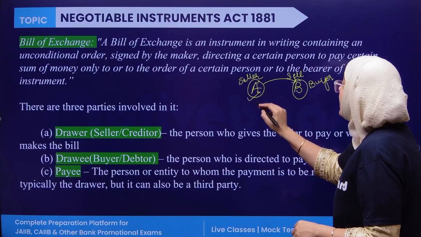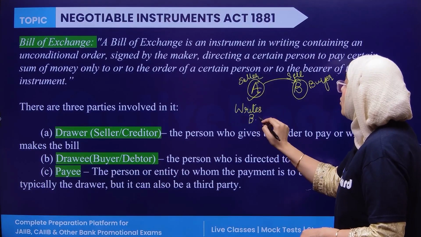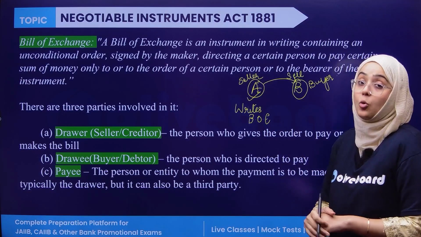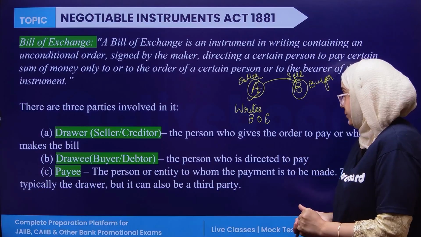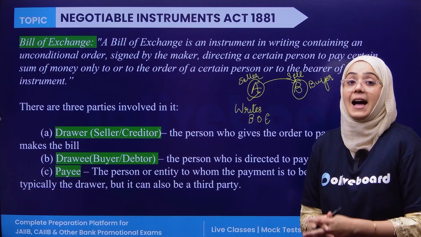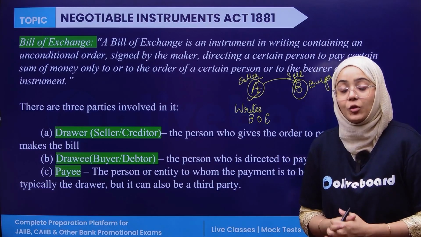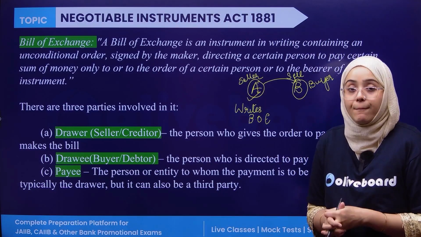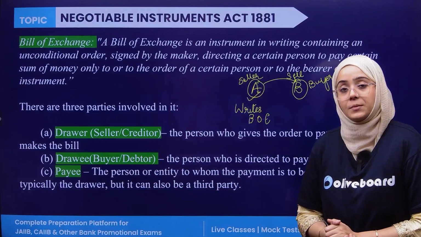Now, A, the seller, writes a bill of exchange to make it confirmed or authorized. In this bill of exchange, A, the seller, mentions that I have sold goods to B and now B is responsible to pay me rupees 1 lakh on this and this date.